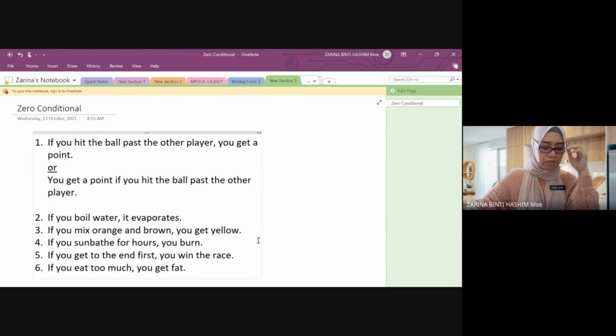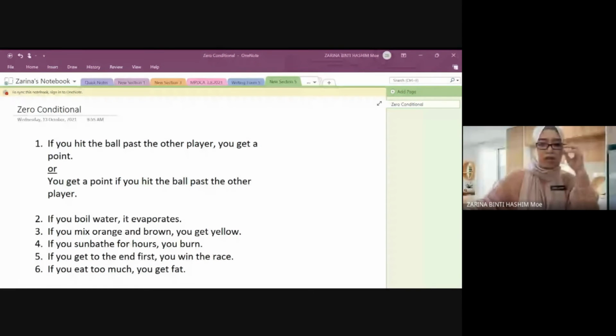Now we are going to look at activity C. For activity C, what you have to do is match and then write sentences in your notebook or in Peardeck using the first conditional. Just now was zero conditional. Now is first conditional.